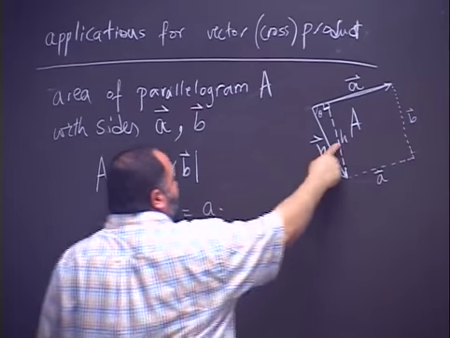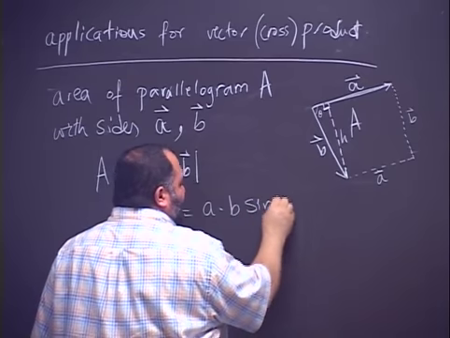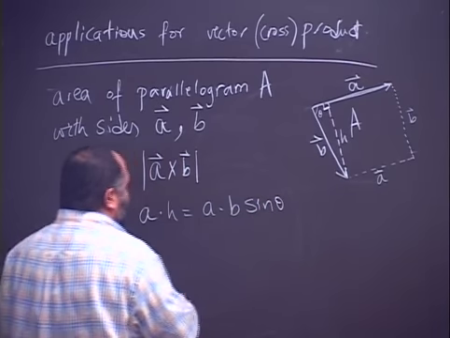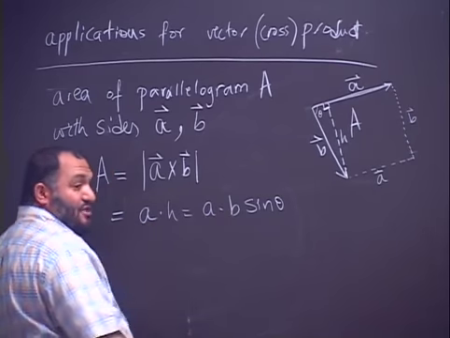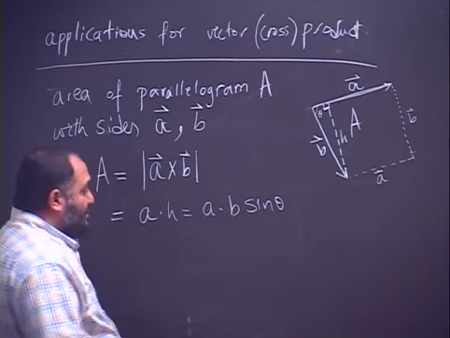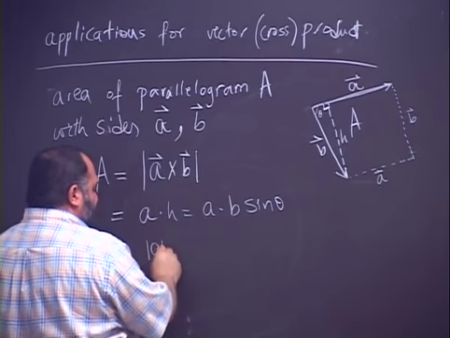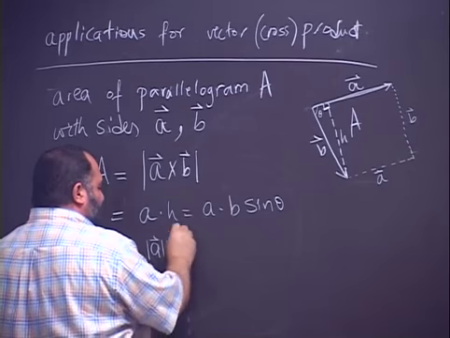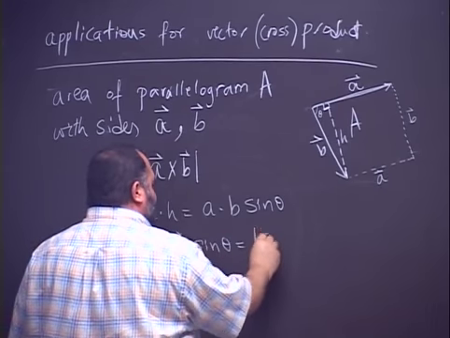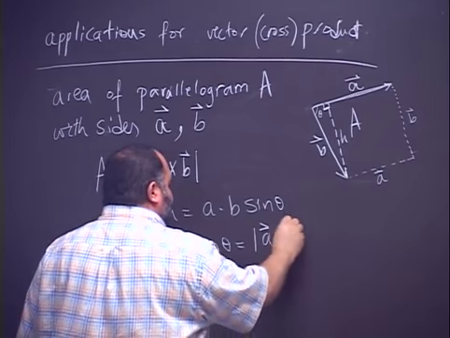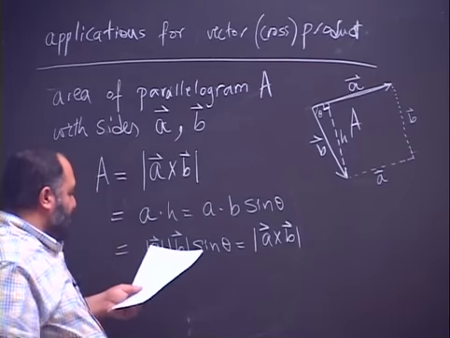So what's h? B sine theta. Those are the amplitudes of the vectors. So this is just the amplitude of vector A multiplied by the amplitude of vector B multiplied by sine theta, which is nothing more than A cross B. So, did you have any question here?